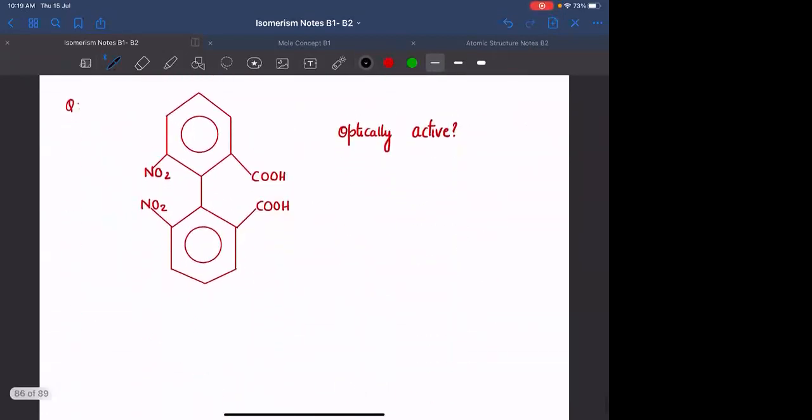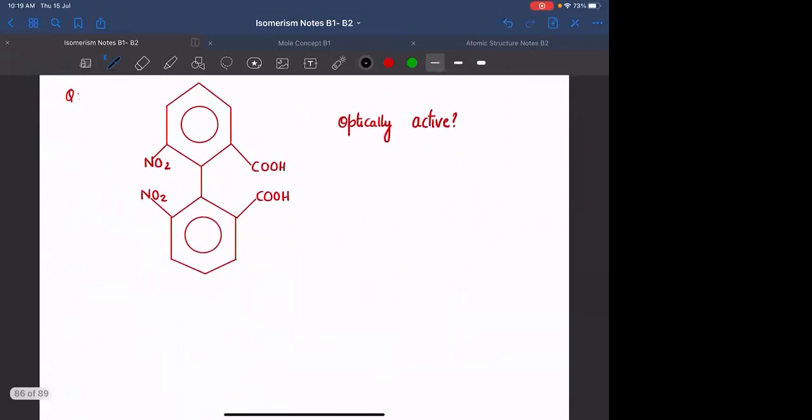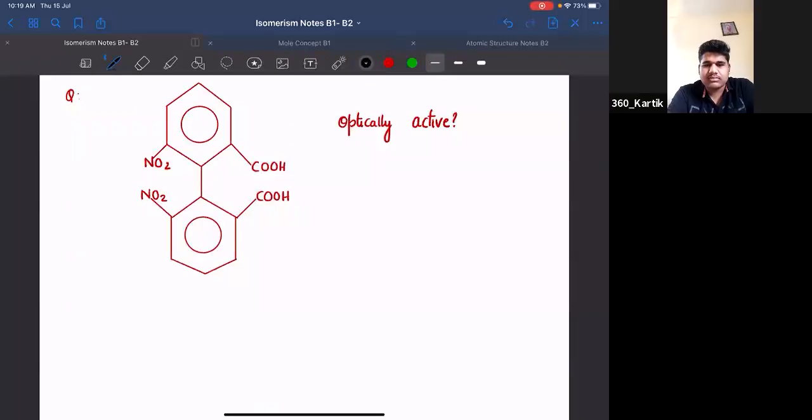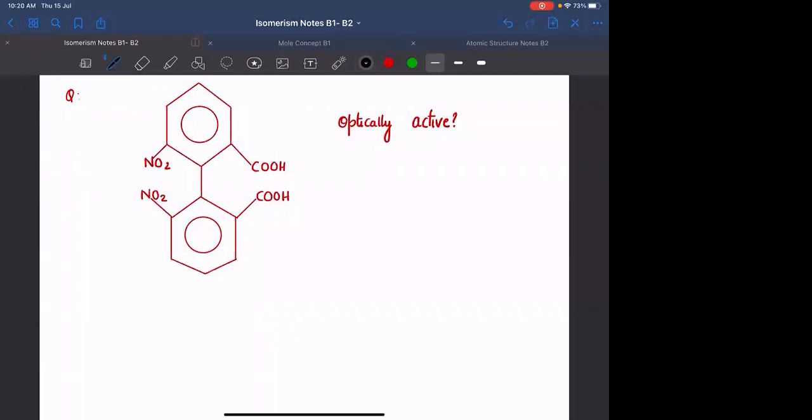Solve this question. Is this particular molecule optically active? Yes, sir. Optically active or inactive? Active. Okay, किसी को inactive लग रहा है? हाँ सर.